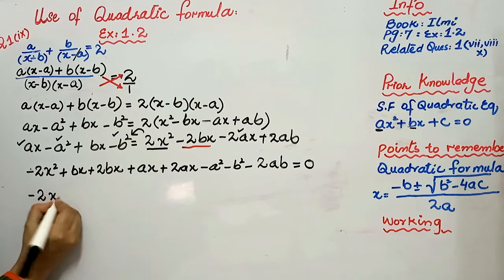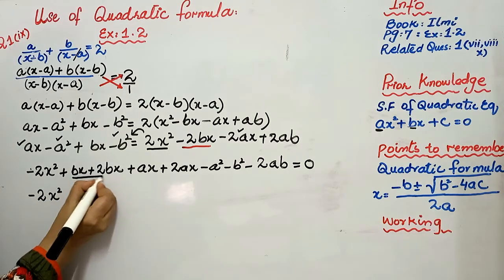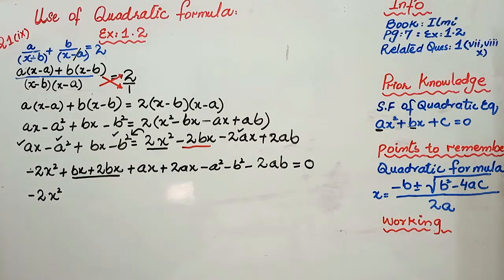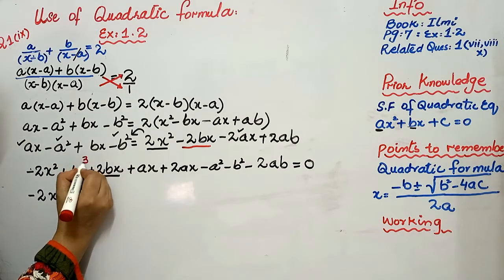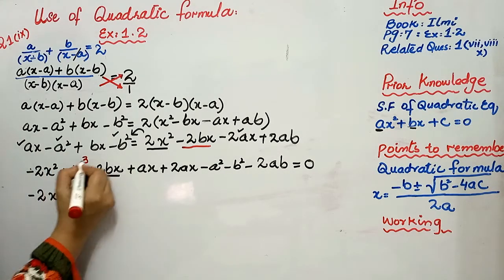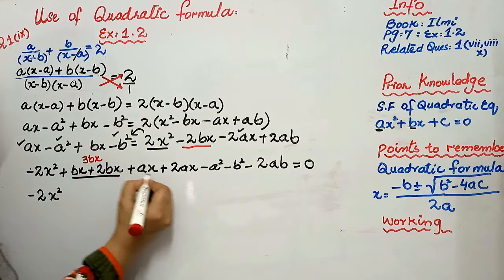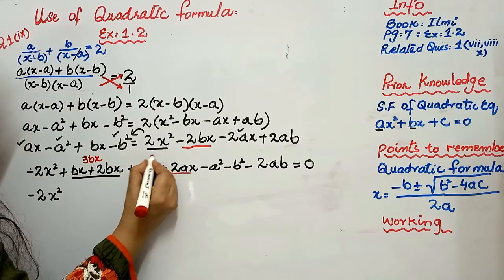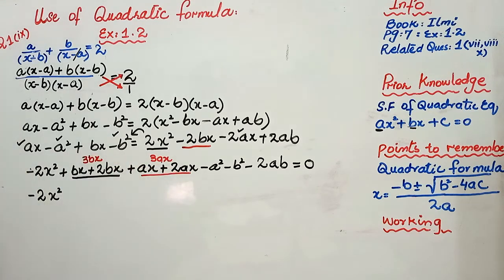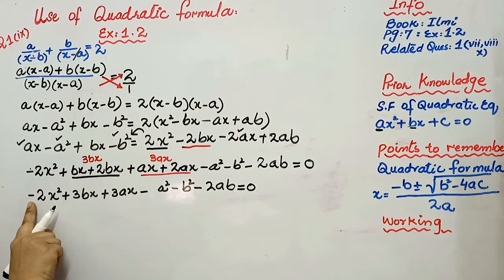Minus 2x square, this will be 3bx, 2 plus 1, 2bx plus 1bx, so it will be 3bx. This will be 3ax. Fine. X square coefficient is negative, so I want to make it positive.